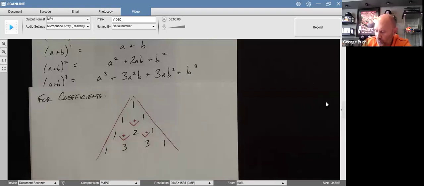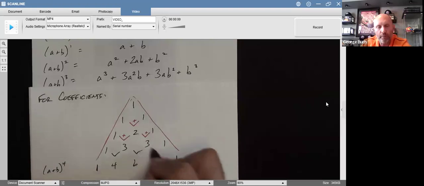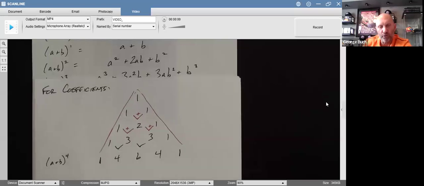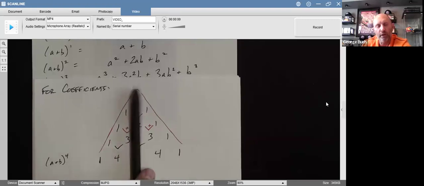So if that is true, if I had a plus b to the fourth power, I'm going to get what? A 1 on both outside edges, and then add these guys up. 1 and 3 is 4. 3 and 3 is 6. 3 and 1 is 4. And we also notice what? It's symmetrical, right? So 1, 3, 3, 1. 1, 4, 6, 4, 1. It's like if I drew a line down the middle, it looks like a mirror image, right?